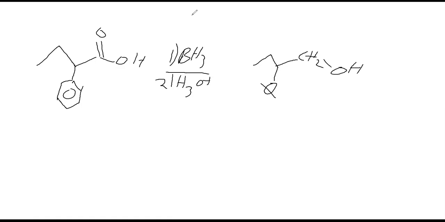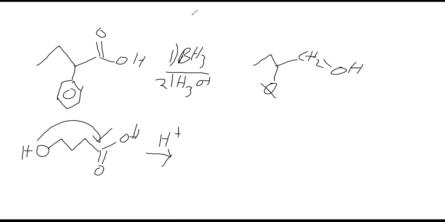Now this one is interesting. This one is Fischer esterification, and they tell you it ends up with a cyclic ether. So what's happening is we're going to lose a water and cyclize this. This is essentially going to connect to there. So we have 1, 2, 3, 4, and the oxygen makes 5.